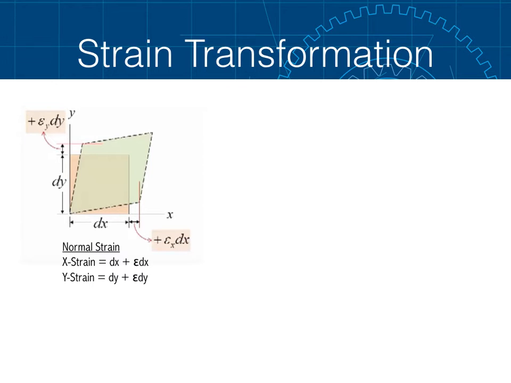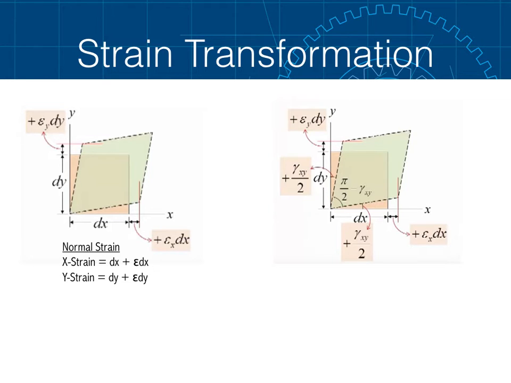This is called the normal strain, which, as shown here, is the infinitesimal length of dx plus the strain in the x times dx, as well as the infinitesimal value of dy plus the strain in y times the infinitesimal length of dy. This is the normal strain.